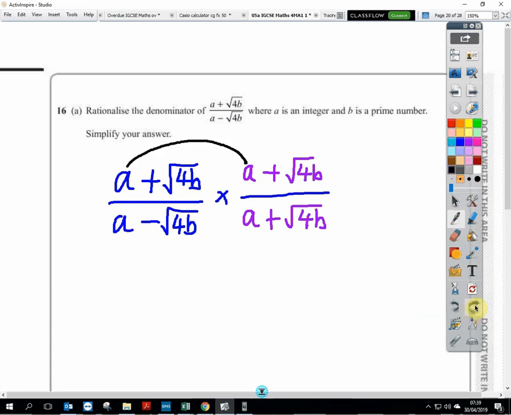And we can expand the top using double brackets like this, and we can expand the bottom in the same way. Let's have a go at the top. So a times a is a squared. A times root 4b is a root 4b.